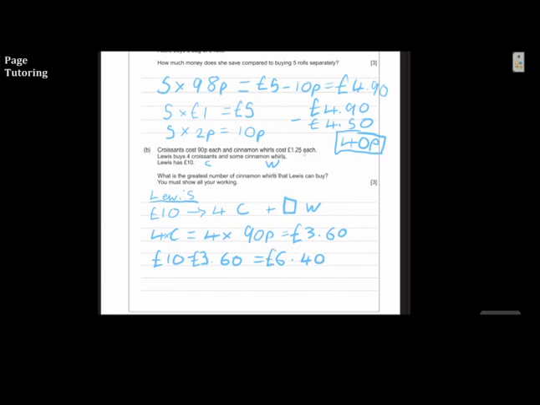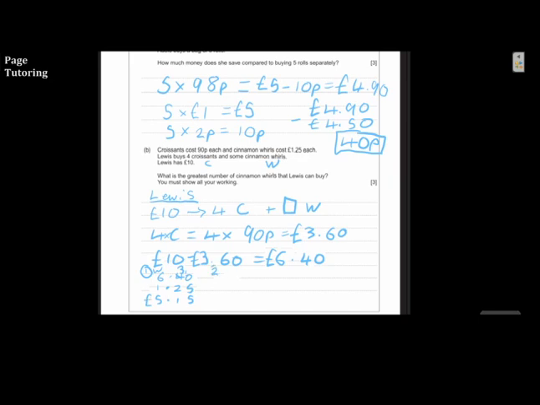Each cinnamon whirl is £1.25. Now we could divide £6.40 by £1.25, but it might be a little easier to work out if we just start subtracting £1.25 from £6.40. So if we do £6.40 minus £1.25 here, so this is our first whirl, we will get £5.15.